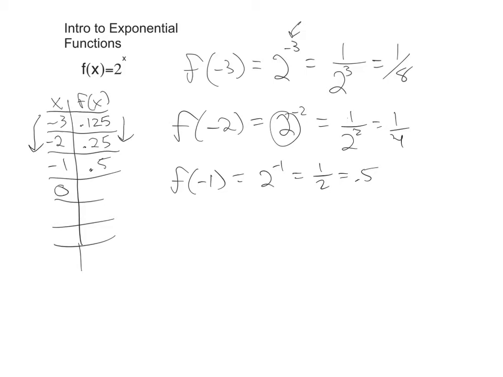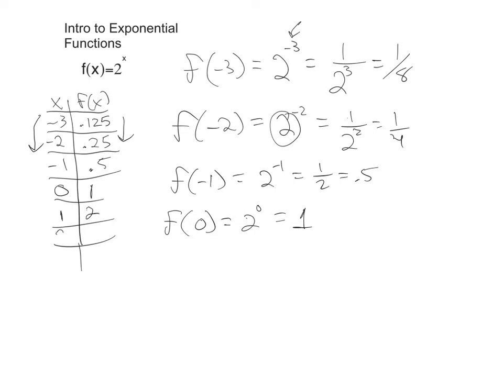We'll plug in the nicest number in the world, 0, just like some of our bank accounts. We get 2 raised to the power of 0, and anything raised to the power of 0 is just 1. For the rest of these we can do them in our head. What do we get when we plug in 1? Excellent, you get 2.